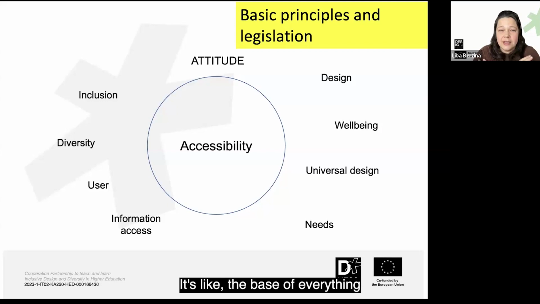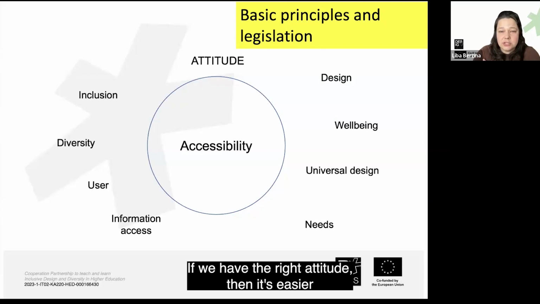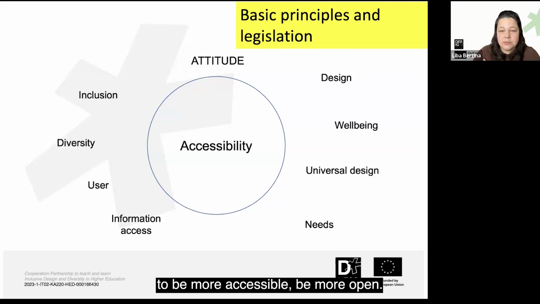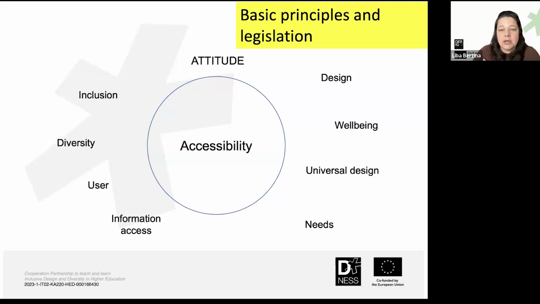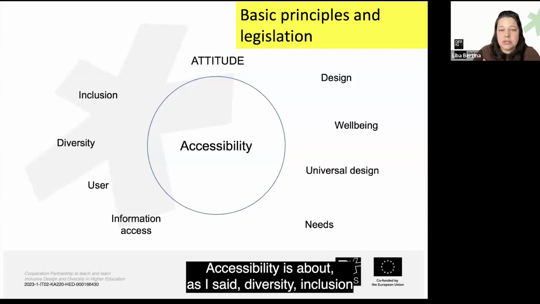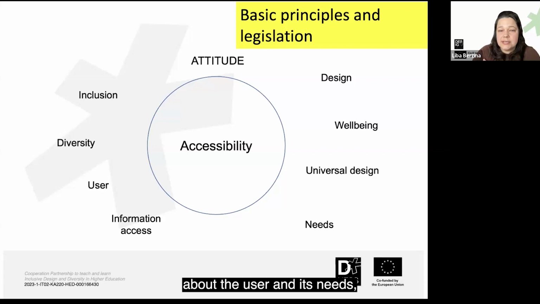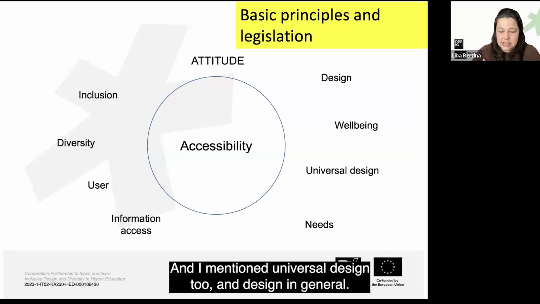It's like a base of everything, and then all the rest comes. If we have the right attitude, then it's easier to be more accessible, be more open, and accessibility is about, as I said, diversity, inclusion, about the user and their needs, about well-being in general, and I mentioned universal design too, and design in general.